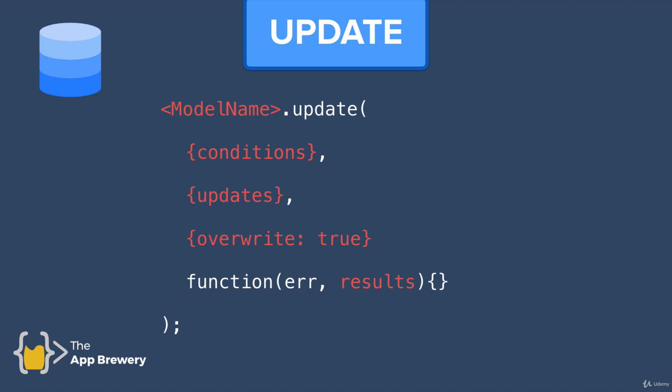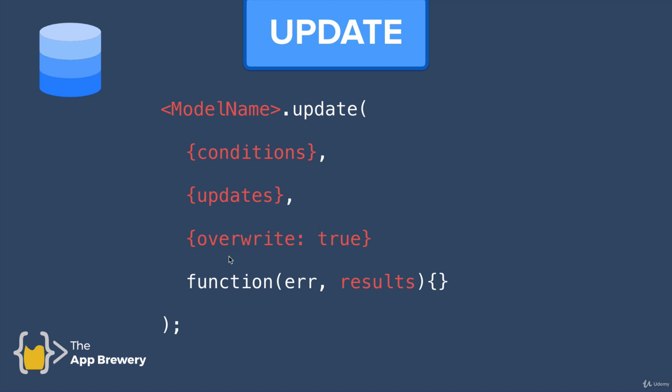So which article do we want to update? And then the actual updates that need to be made. And finally, we're going to set a property called overwrite to be true. And this tells MongoDB that we want to overwrite the entire document with what is specified in the update.